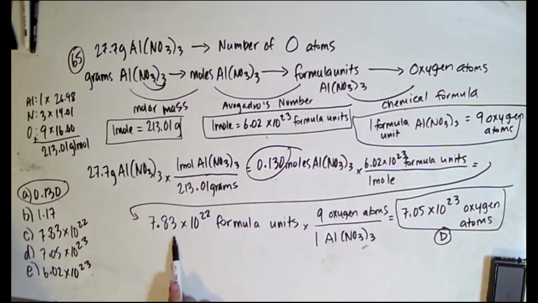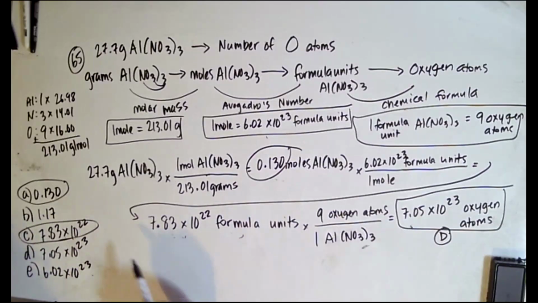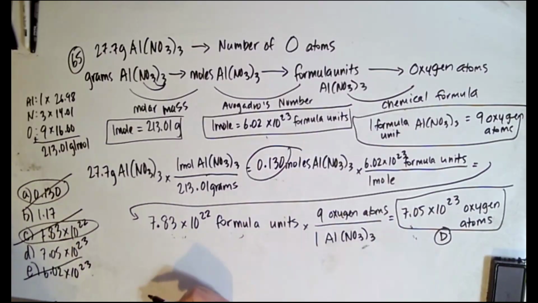The same thing is true over here. They put this number here as well, but that's not the step that you're stopping at, because this number tells you how many formula units you have. It doesn't tell you how many oxygen atoms there are. You're not done in this case until you get to the oxygen atoms. So you have to be keeping track step by step so you know that these things aren't what you need, and that you're not done until you get to that last step there.